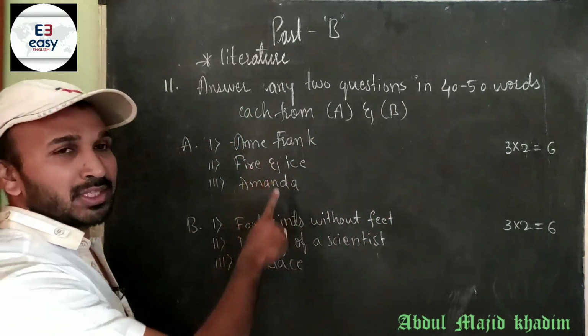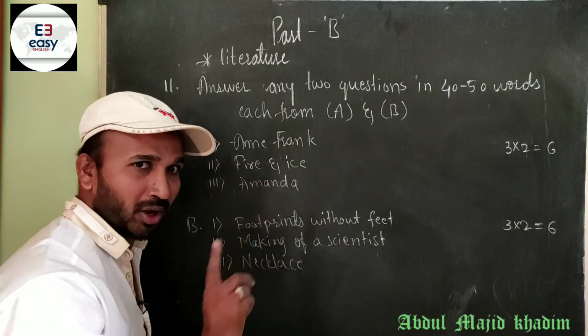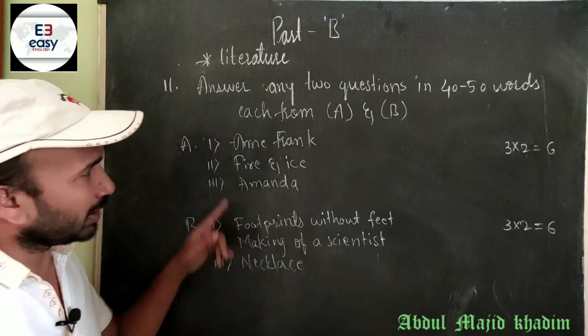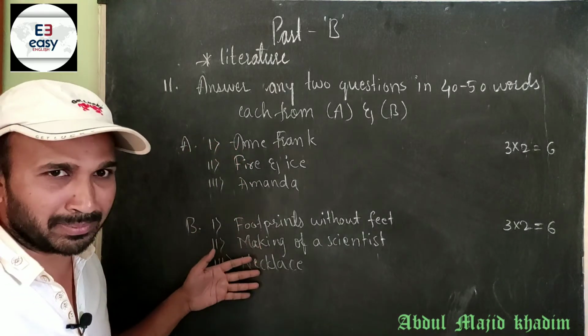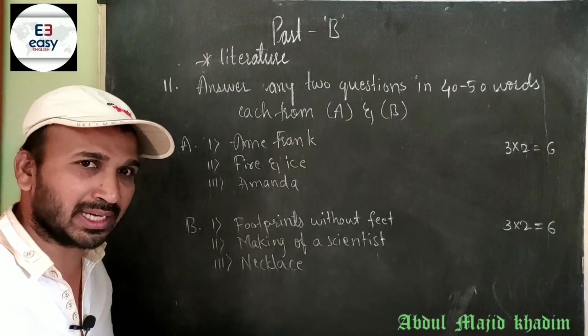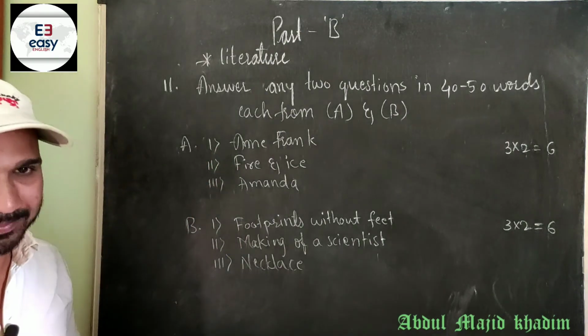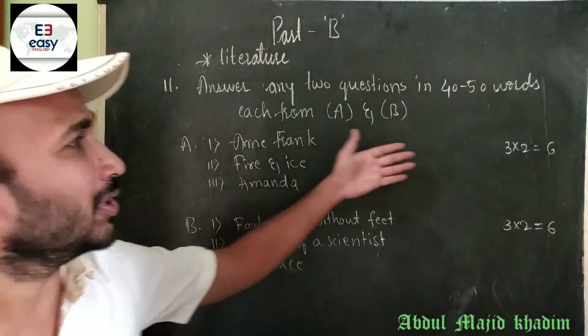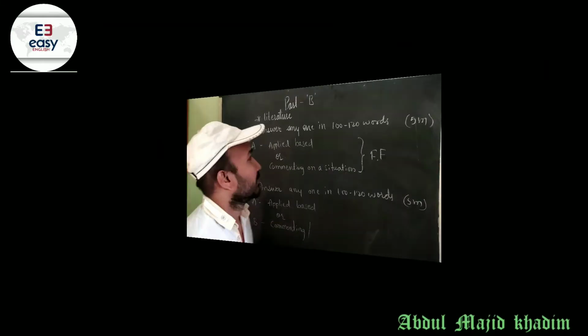Don't forget to select 2 questions from each. So this is your main text and this is supplementary text. From both, questions will come, so you have to select 2 from here, 2 from here. Okay, you will score 6 plus 6, 12 marks from this 11th question.